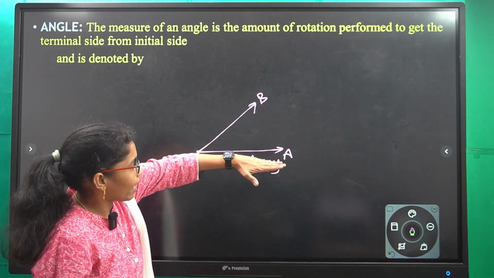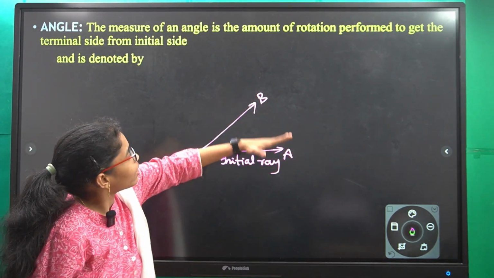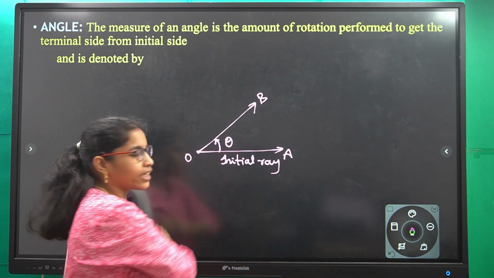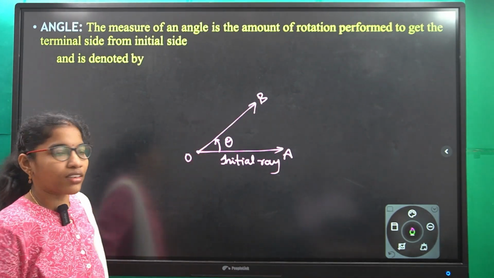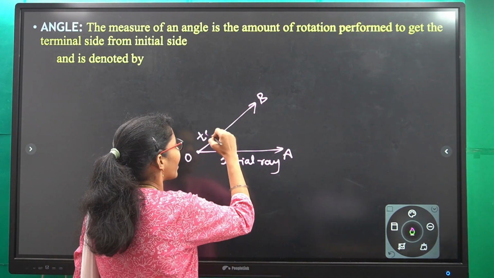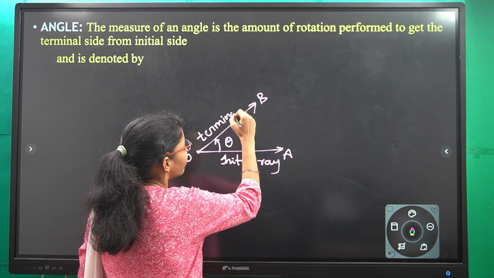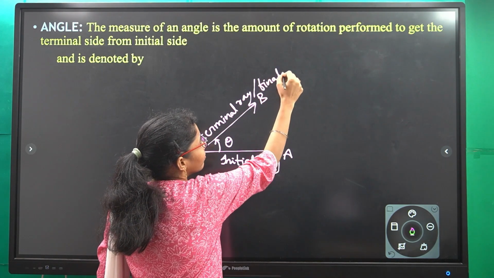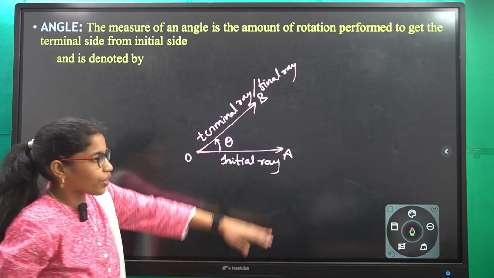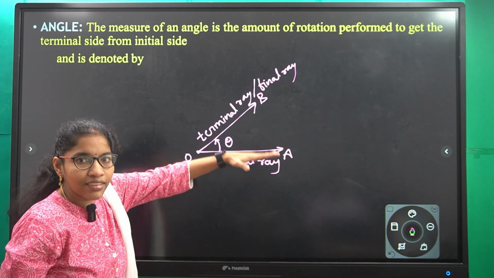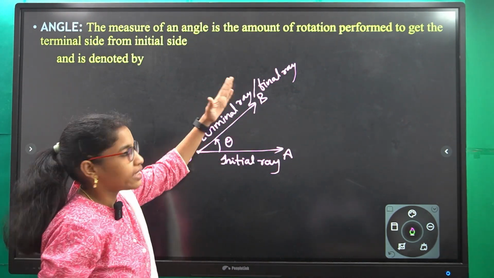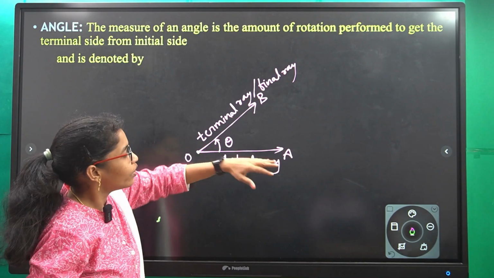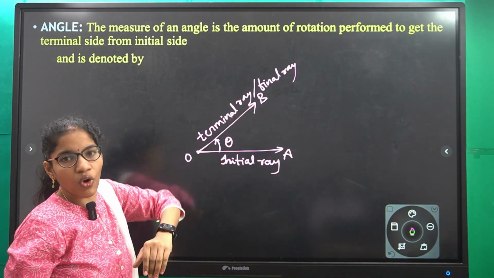This amount of rotation is nothing but the angle, right? This OB is called the terminal ray or final ray. From the initial ray, it is moving some distance with the same end point O. About this point O, OA rotates from OA to OB.